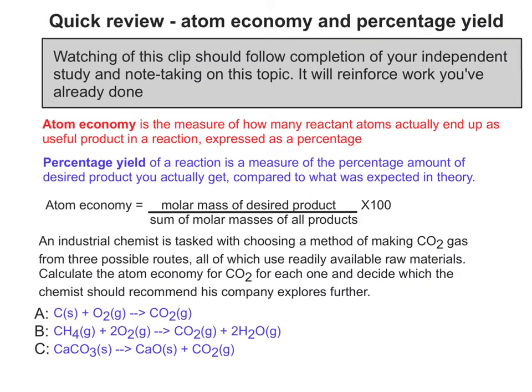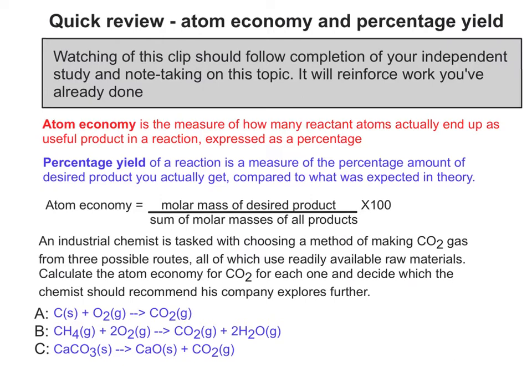So here's an exercise for you. An industrial chemist is given a job to choose a method of making CO2 gas from 3 possible routes, all of which use readily available reactants: carbon, methane, and calcium carbonate or limestone.